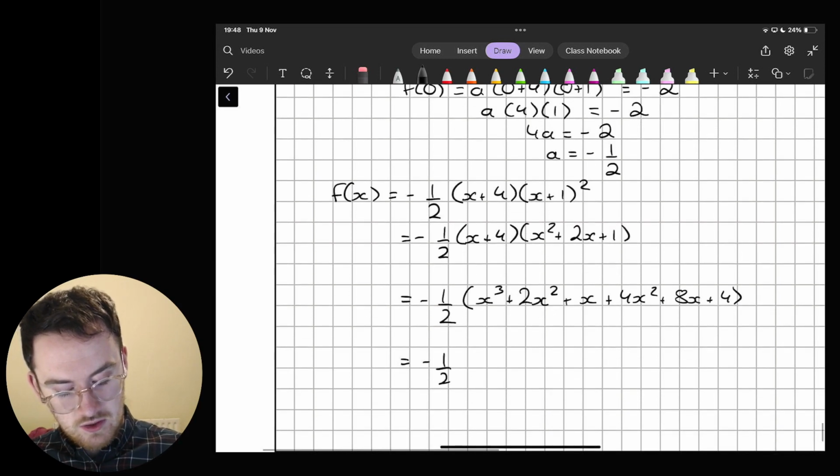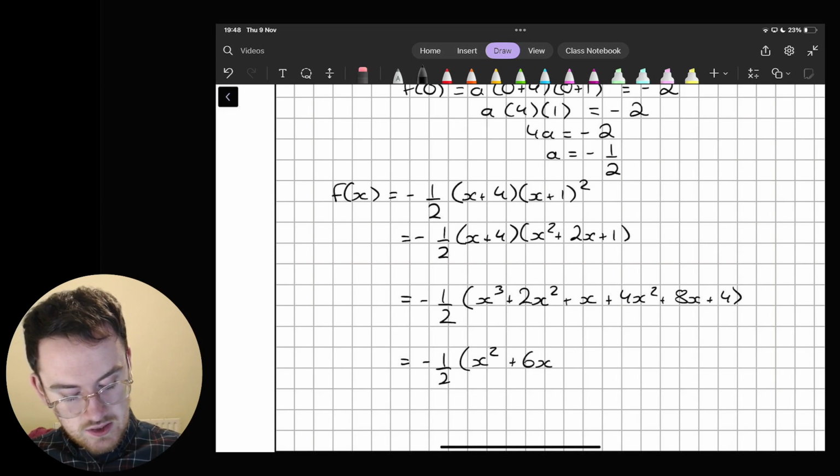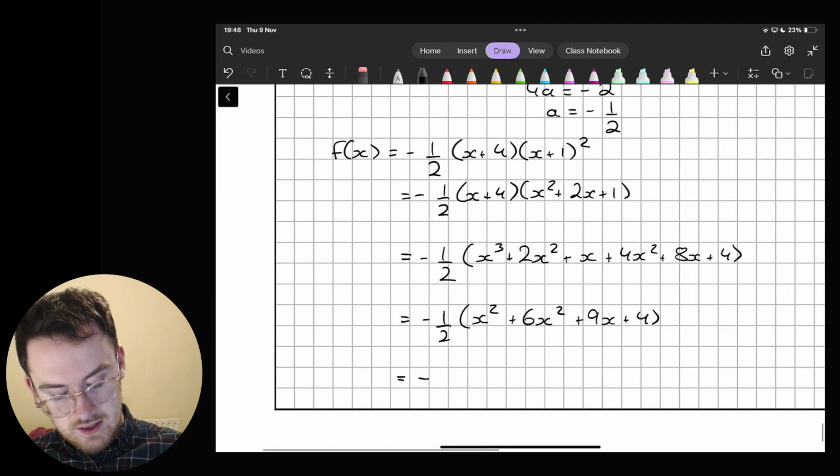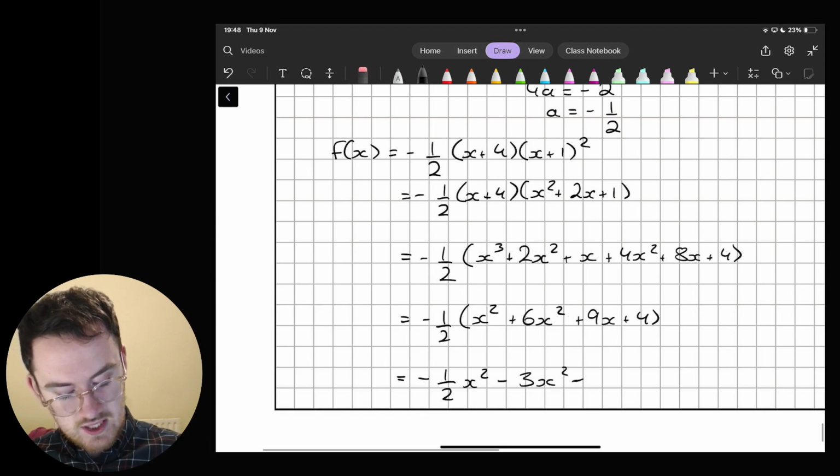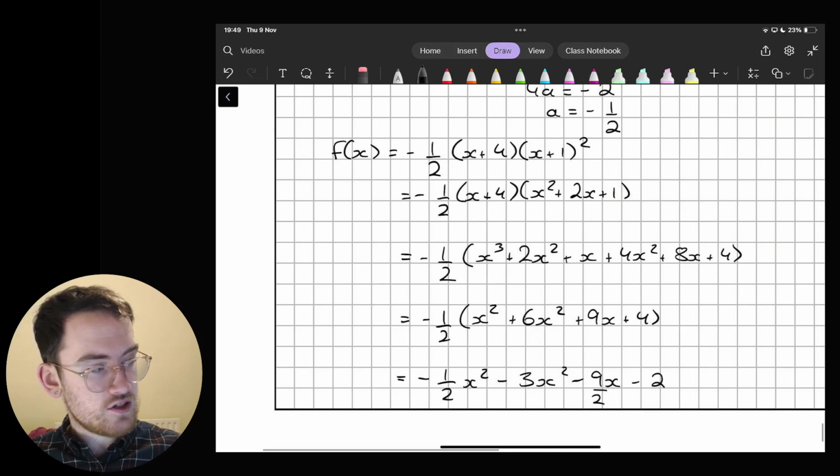I'm going to simplify all that before I multiply my half across. So plus 6x squared plus 9x plus 4. And I can finally distribute that half across, the minus half. It's going to change signs also. 9 over 2 x minus 2.